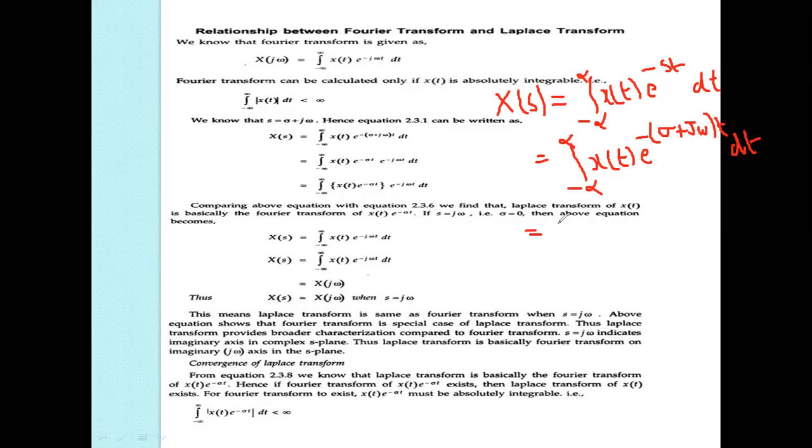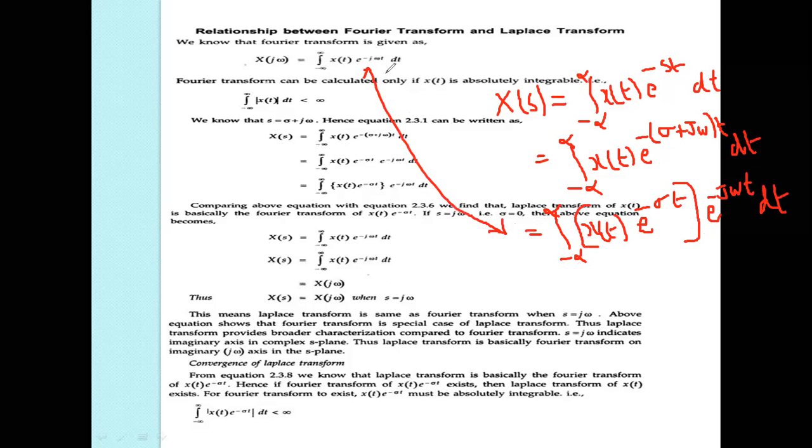Got it? That is equal to the integral from minus infinity to infinity of x(t), splitting the exponential into two parts, e^(−σt) as one function and e^(−jωt) dt. You can see these two equations. X(jω) equals the integral from minus infinity to infinity, but instead of x(t), here it is multiplied with e^(−σt). e^(−jωt) dt is the same.